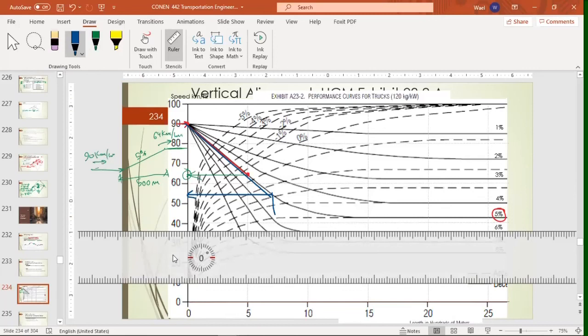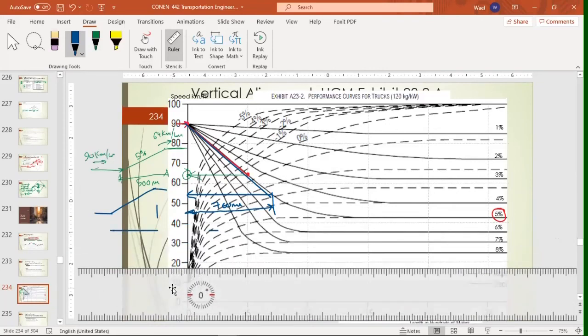The distance from here to here on the horizontal axis is almost 700, I think. So if we have another case that we have a grade which is 700 meters, the exit speed here will be this speed, which is, I think, 54.